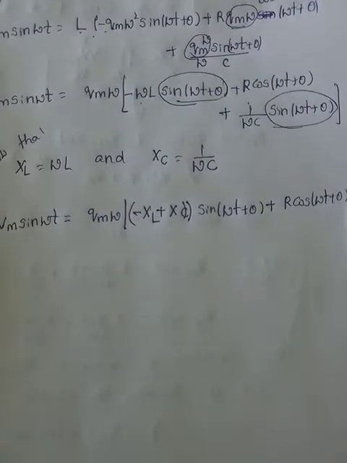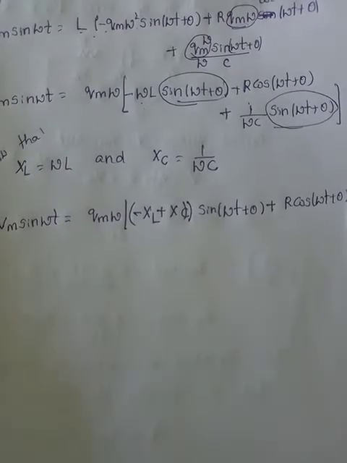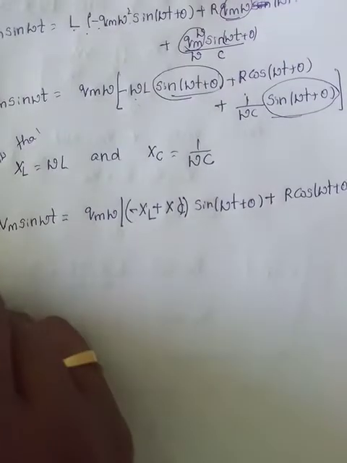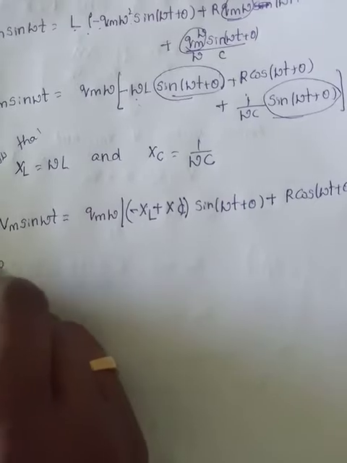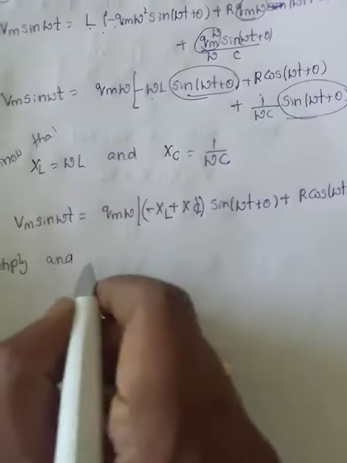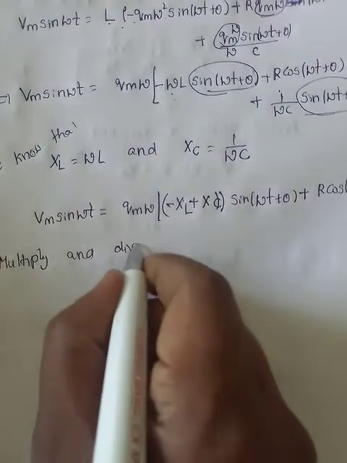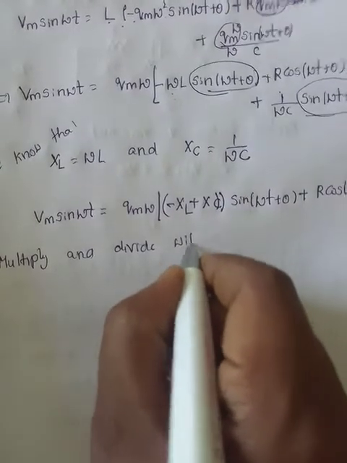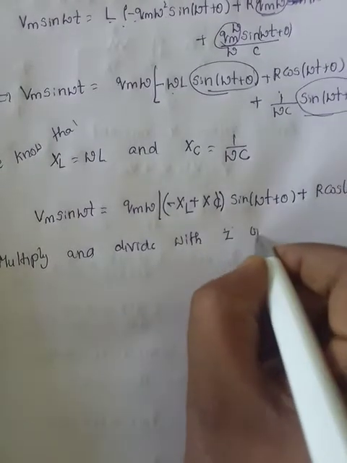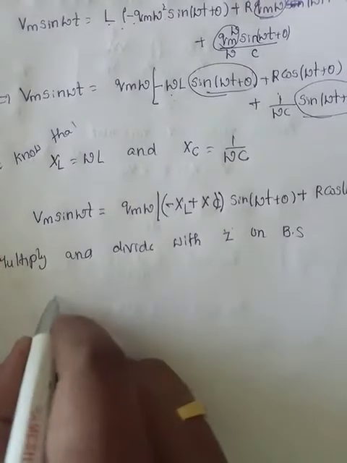XC minus XL. So to resolve the problem, we multiply and divide with Z on both sides.